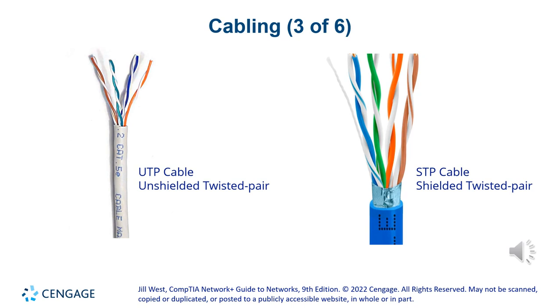The coating, the plastic coating, can be any color. Mostly it depends on the installer. Some of them prefer to do blue for data or gray. Traditionally, you'll do white for voice, but gray is also accepted for voice. But there's got to be a difference between data and voice. Although now with voice over IP, the phones will use a data jack, so there will be a blue cable.